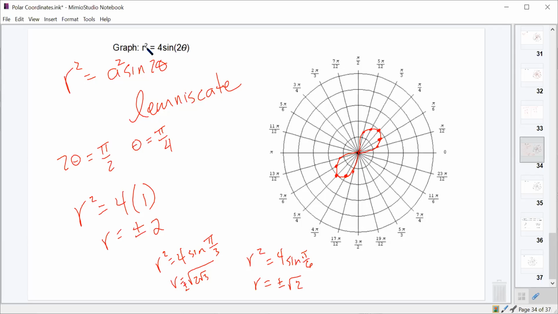So we'd end up with r squared equals -4, and clearly that doesn't have any real solutions. So there's never going to be anything that pops up in quadrants 2 or 4 for this. It's only going to work in quadrants 1 and 3. Good or no? Good. Okay.